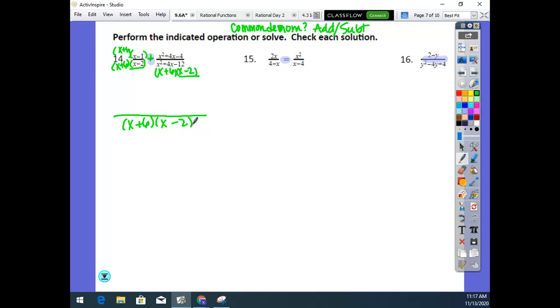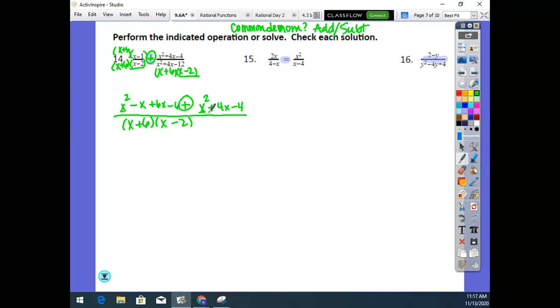Then I'm going to distribute the top: x plus 6 times x minus 1 is x squared minus x plus 6x minus 6. Then I'm going to bring down the plus, that's this one here, the right side. I'm going to extend this. And I'm just going to add my like terms.